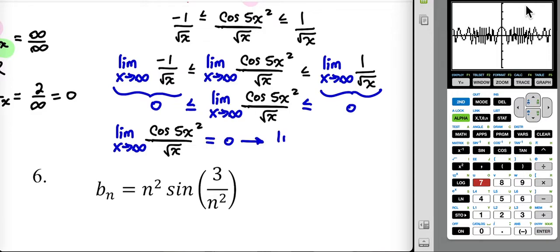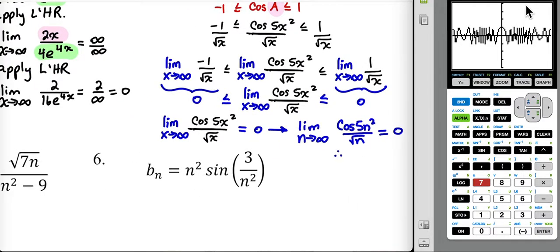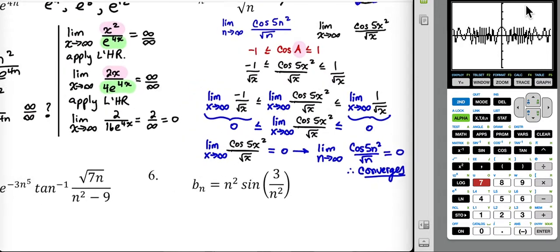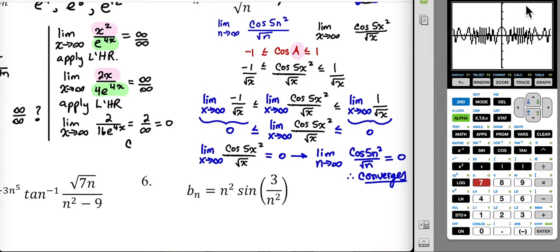So the limit as n approaches infinity of cosine 5n squared over rad n would be going to 0 and therefore converges. And I don't believe I ever made a note on the previous one that that's also converging.